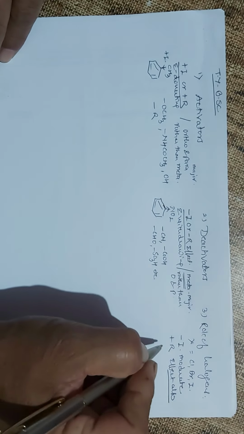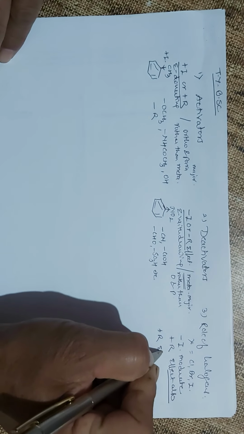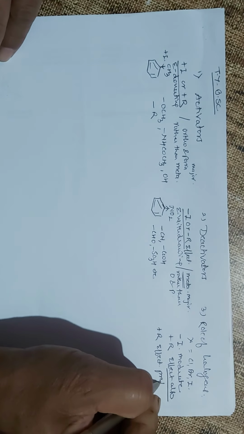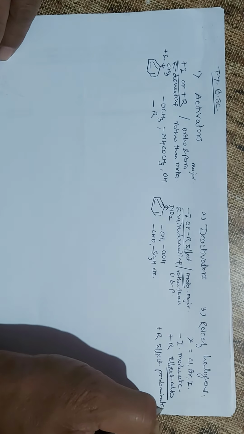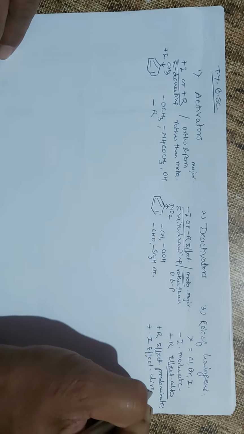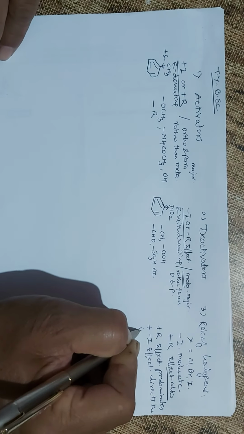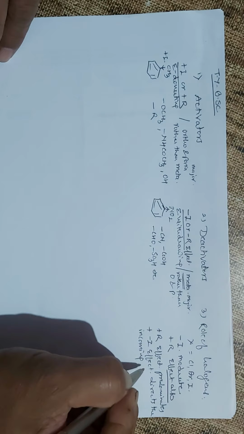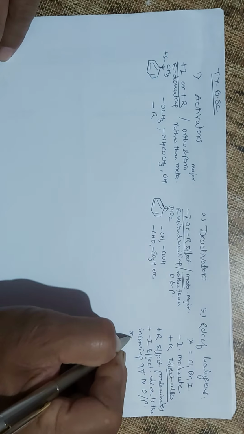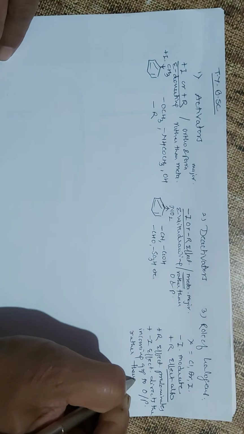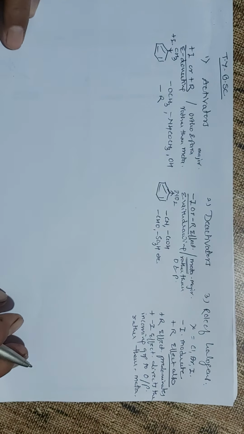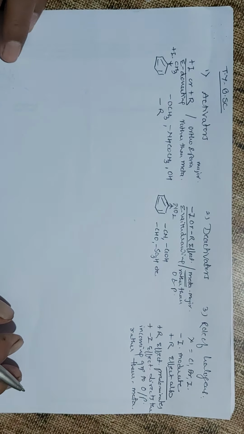And so here the plus R effect, that is the electron donating resonance effect, predominates over the minus I effect and directs the incoming electrophile to ortho and para position rather than meta position. So this is the distinguishing feature between all these three different types of groups that are present on the aromatic ring.